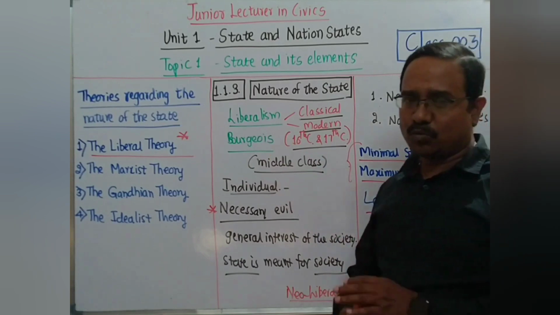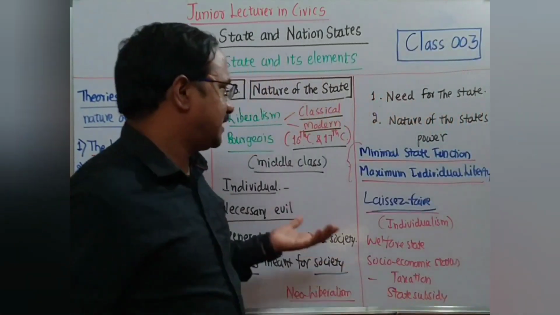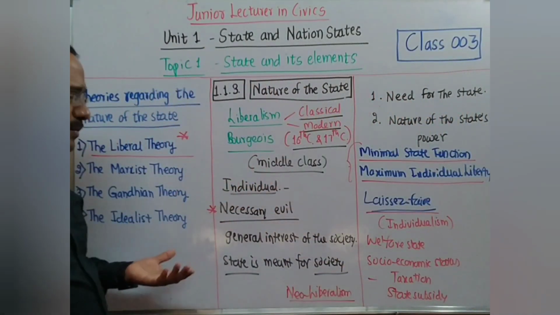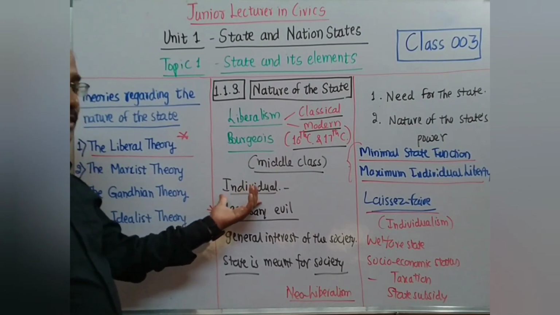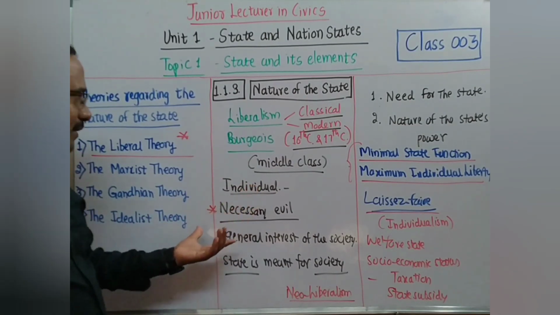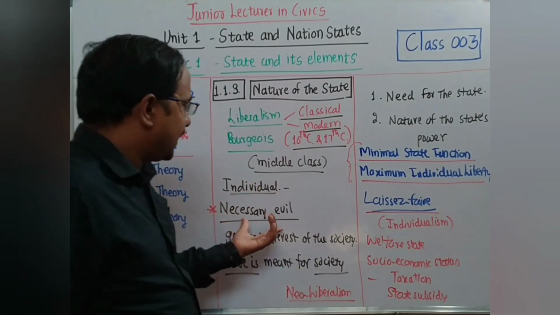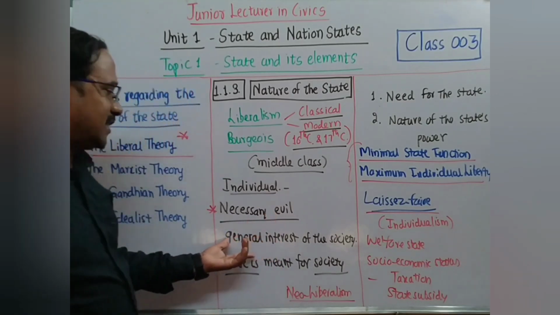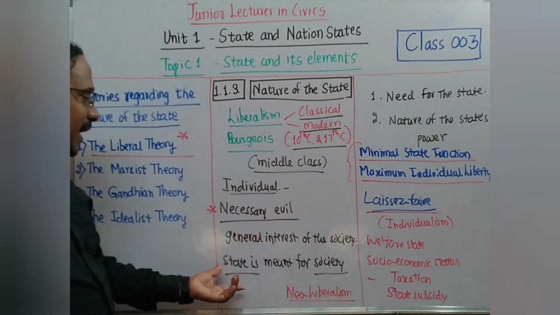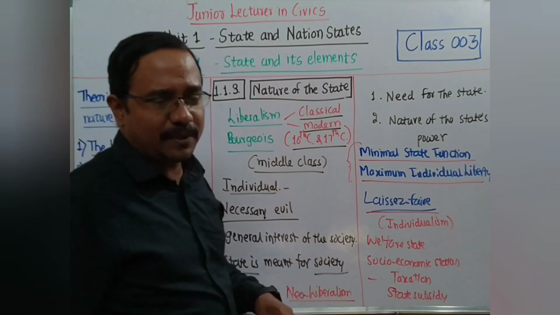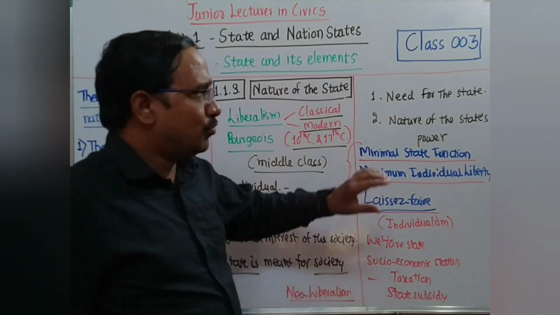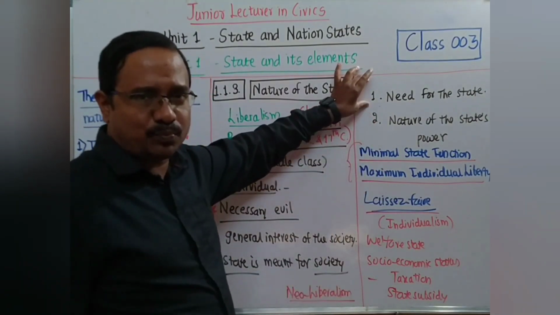In this, the bourgeois, that is the middle class, emerged in the 16th and 17th century. The individual is given more prominence, and the state is seen as a necessary evil. General interest of the society is considered, and state is meant for society only. In every theory, we have to debate two points.